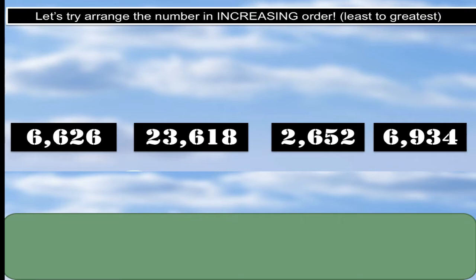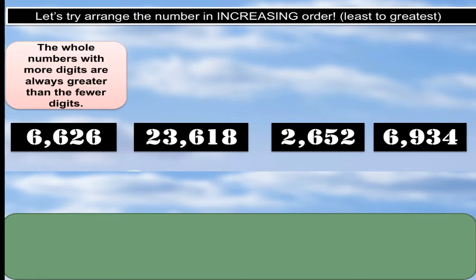If you take a look at these numbers, you would see that 23,618 is a 5-digit number. So the whole numbers with more digits are always greater than those with fewer digits. So therefore, 23,618 is the number with the greatest value. So we will just focus on the 4-digit numbers.